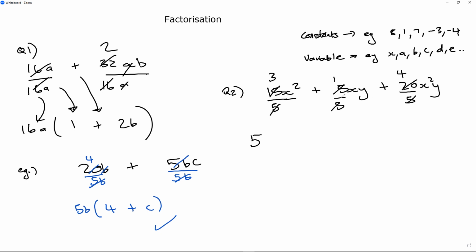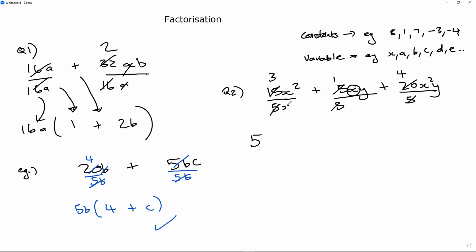Another thing I can take out is the variable x, because I can see in each term there is at least one x. But I can't take out y because there's no y over here. There is a y here and y here, but I can't take out y.